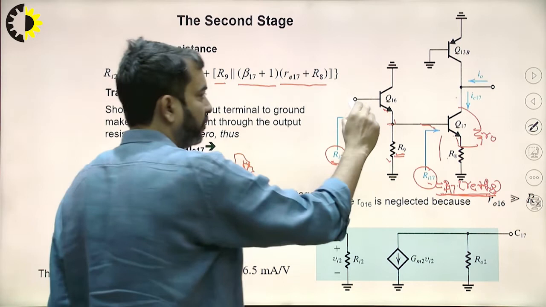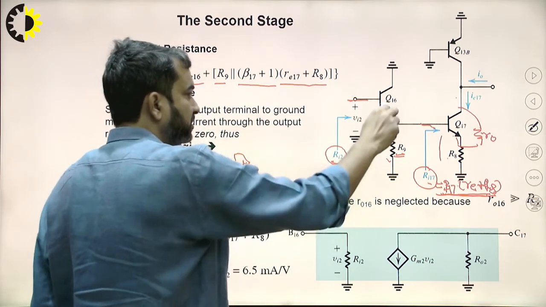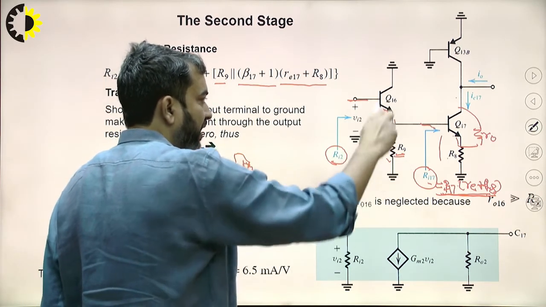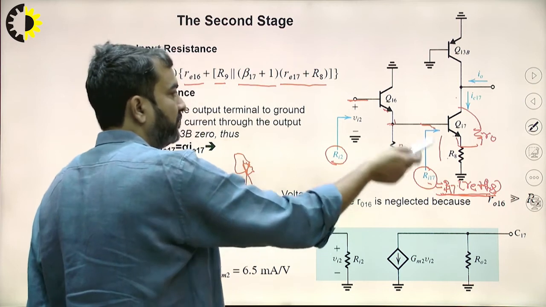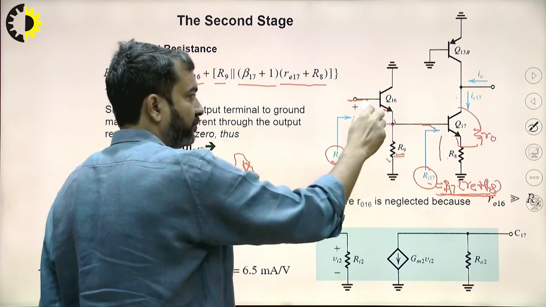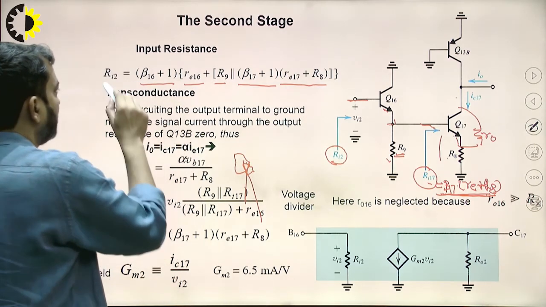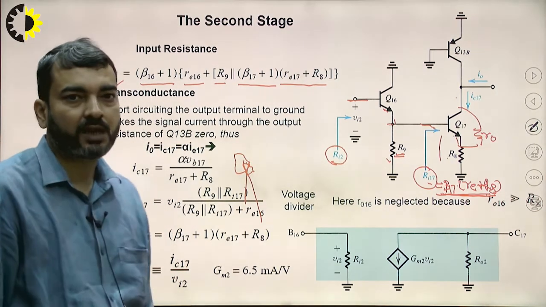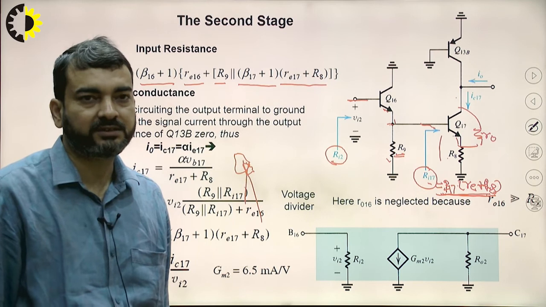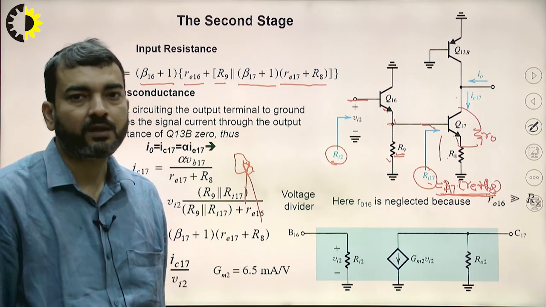Again, since we are looking from the base, this net resistance present in the emitter of transistor Q16 will be further amplified by the factor 1 plus beta 16 of this transistor. So we will be able to calculate the input impedance of this gain stage.